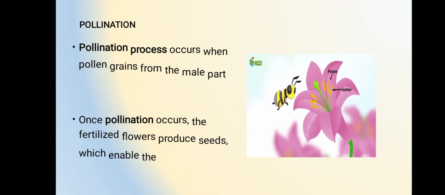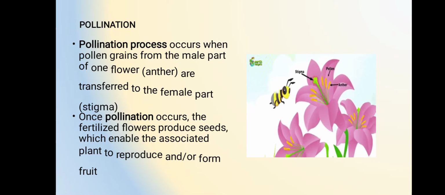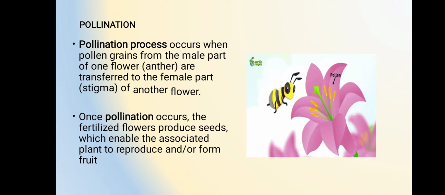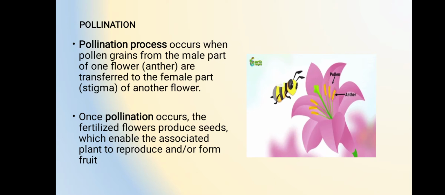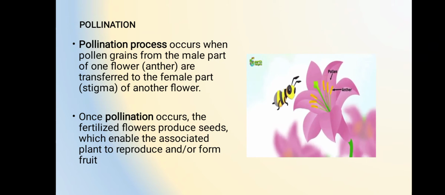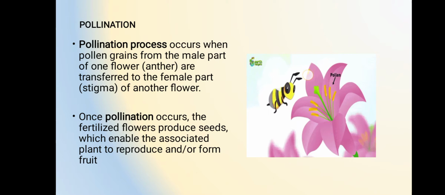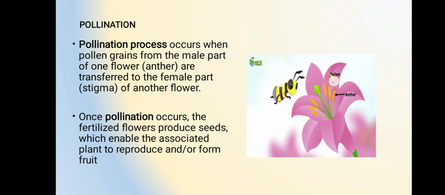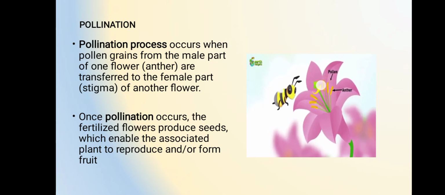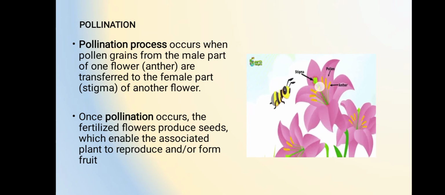So pollination process occurs when pollen grains from the male part of one flower, that is the anther, are transferred to the female part of another flower.